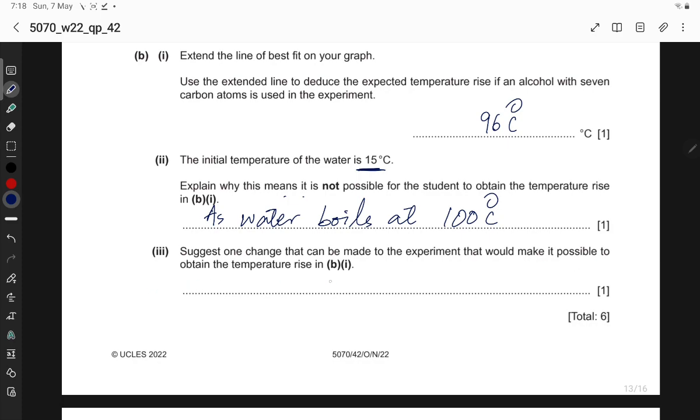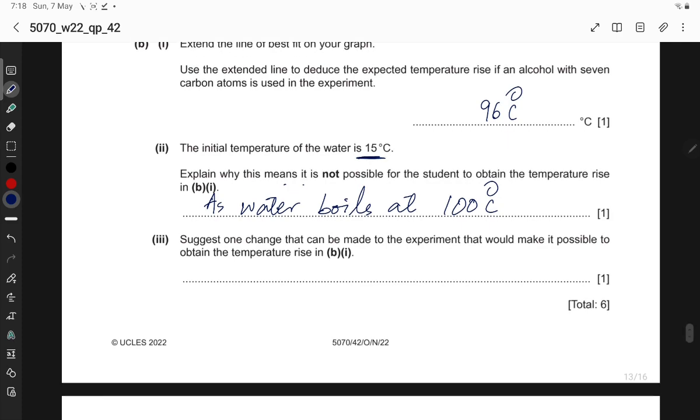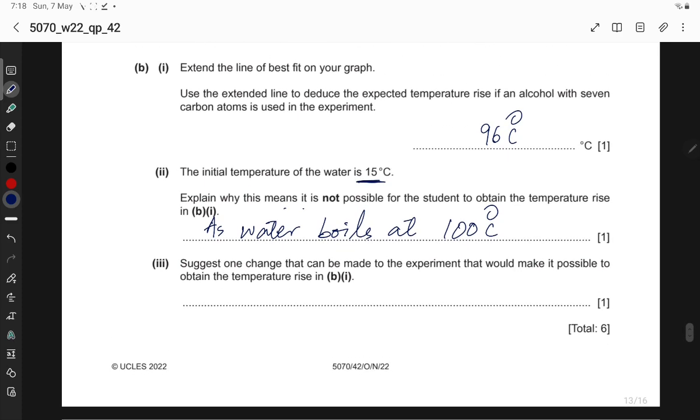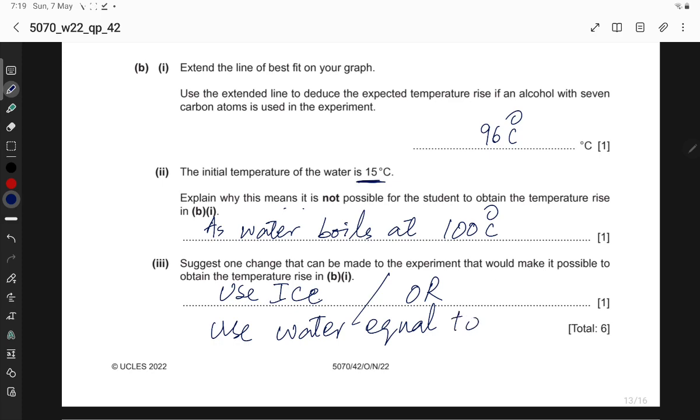Suggest one change that can be made to the experiment that would make it possible to obtain the temperature rise in B1.